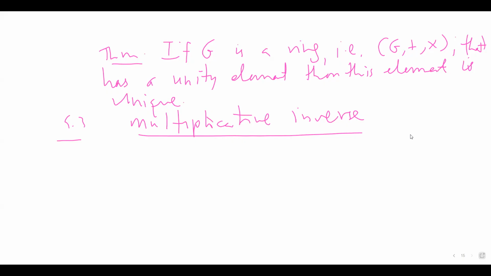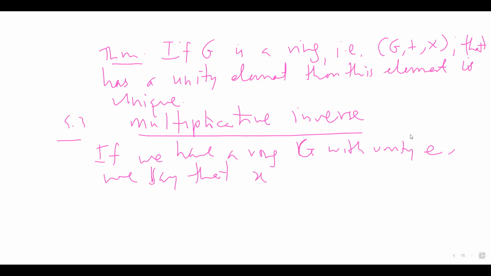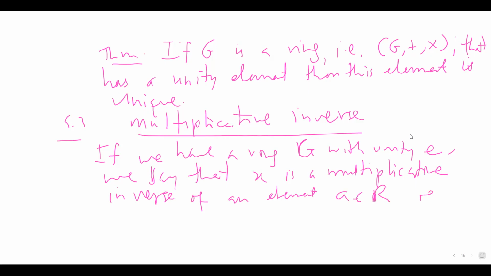If we have a ring R with unity e, we say that x is a multiplicative inverse of an element a in R if ax = xa = e.